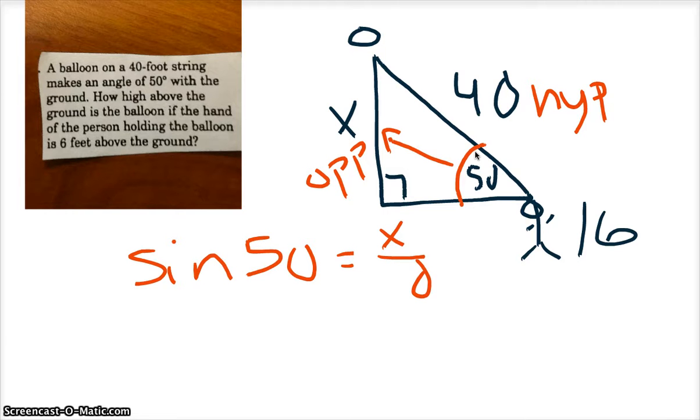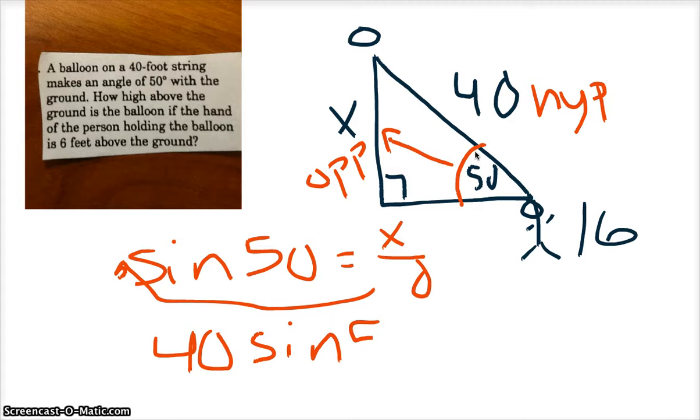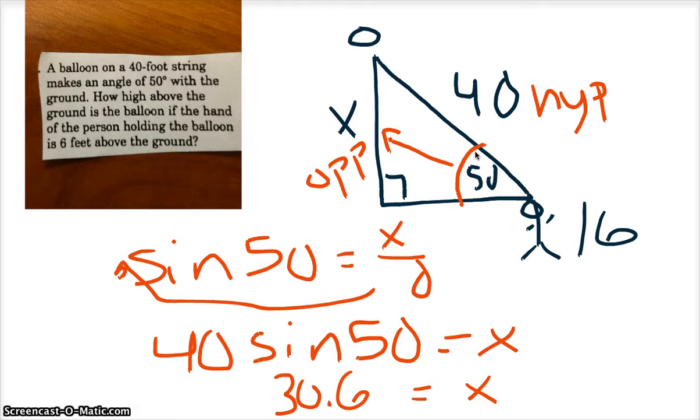When the variable's on top, you multiply, you just bring it in front. So you're going to put 40 sine 50 equals x. You put that in the calculator. X equals 30.6.